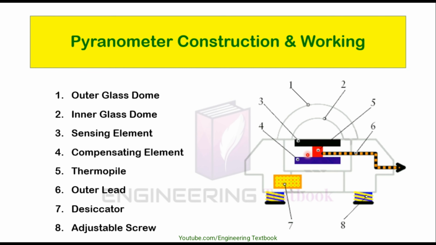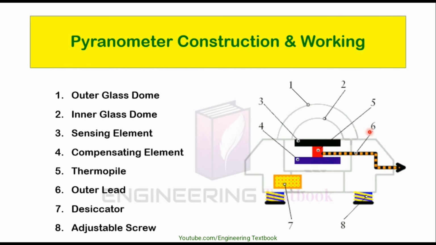This thermo-EMF is calibrated in terms of received radiation. This will measure the global radiation through the outer lead and it will give the output. So this instrument measures both the radiations, that is direct radiation and diffuse radiation. If the condition occurs where we have to measure only the diffuse radiation, the direct radiation is blocked by a shield.